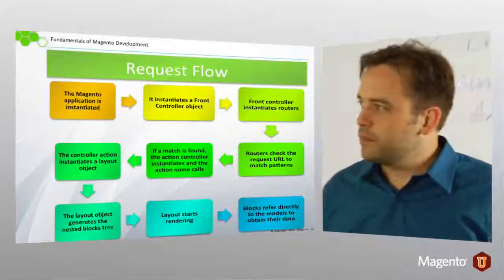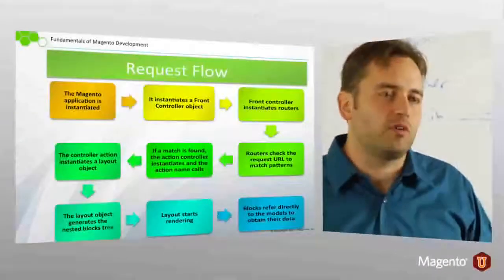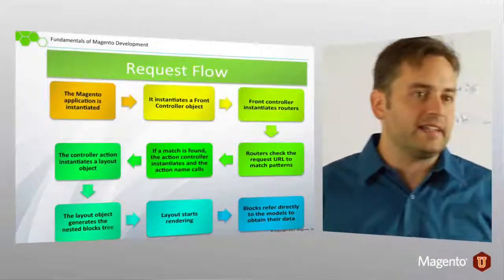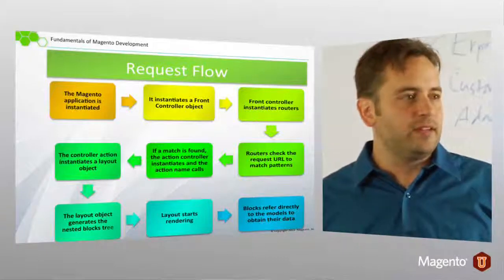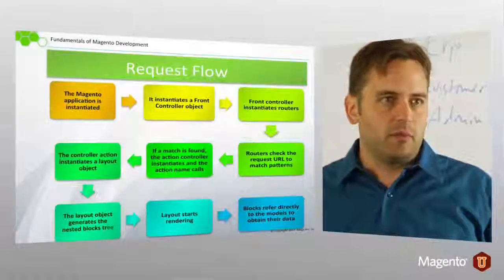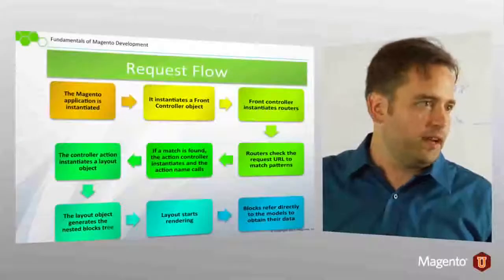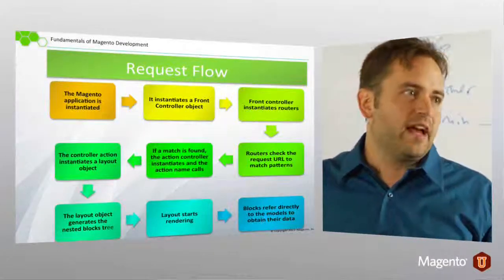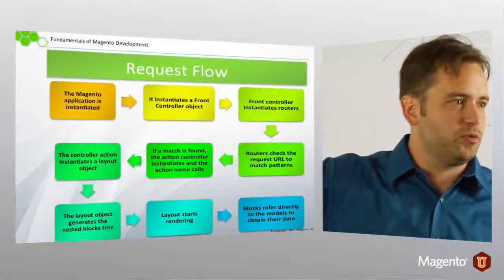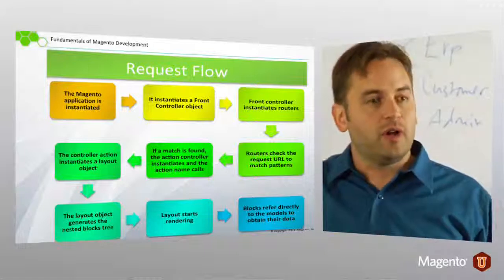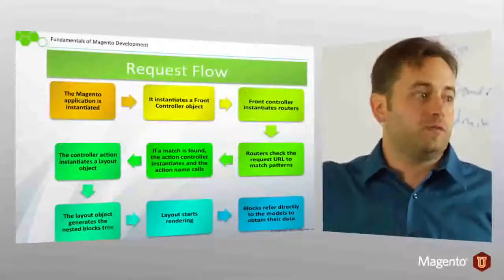Methods inside of controller files are called actions. In fact, any method that you hit from your browser, for example, catalog, category, view, ID 10, actually connects to the catalog module, category controller, and a method inside there called view action.